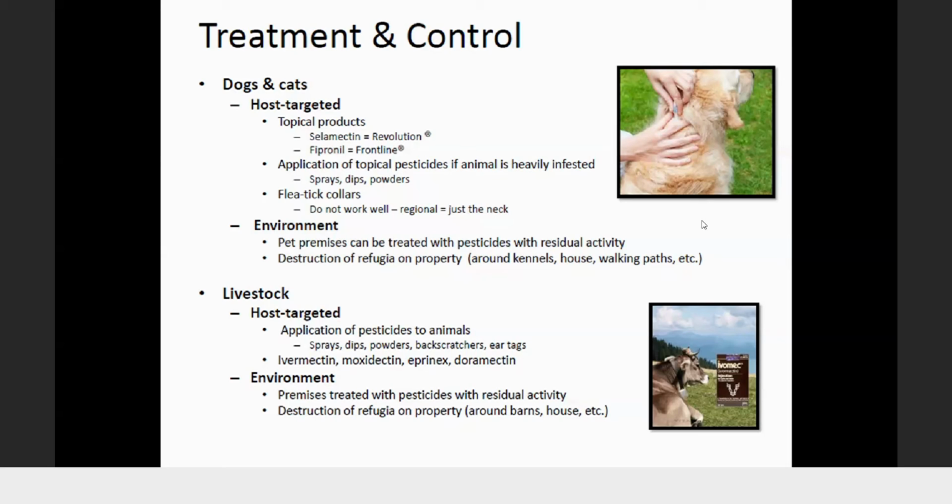Okay, for treatment and control, I've divided it into pets and also livestock. So for dogs and cats, we have the host targeted and also the environment. So for host targeted, we have the topical products, which could be shampoo, spray, dip as well.